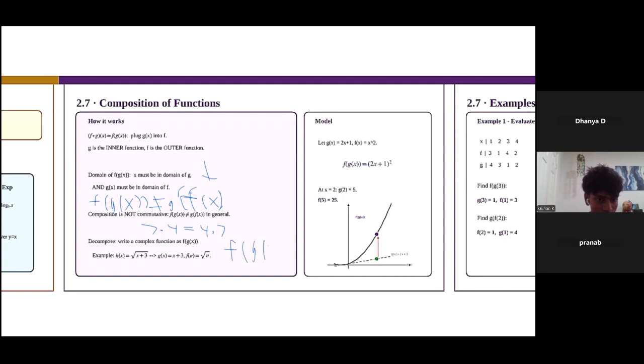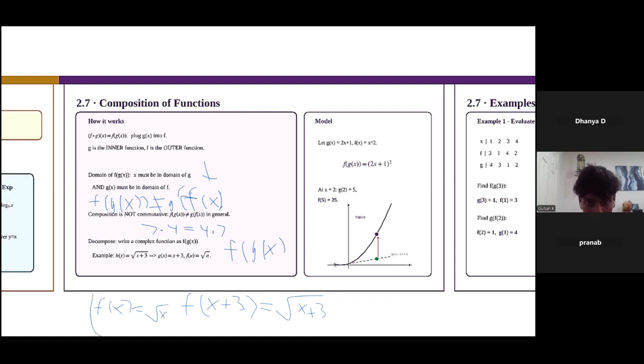We're taking x plus 3, and that's on the inside. g of x is just x plus 3. So f of x plus 3 equals root of x plus 3. From this, I can tell that what we're doing to this x plus 3 is just taking the root. So the function f of x equals the square root of x. And we just decomposed that function.